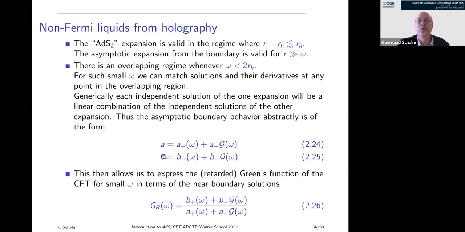In the same way, the solution that is characterized by the asymptotic AdS4 expansion B, the subleading, the normalizable solution, is a linear combination of the two AdS2 solutions, the AdS2 leading and the AdS2 subleading, where again, B plus and B minus are generically determined by matching the conditions.